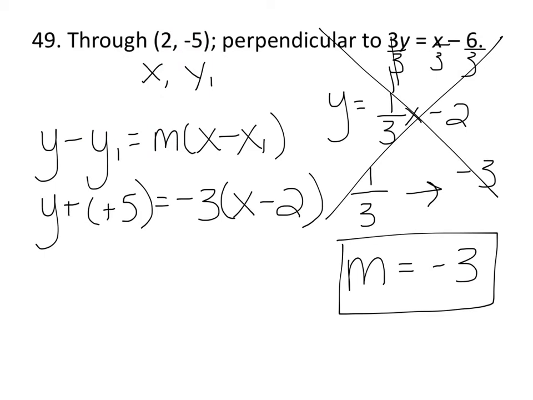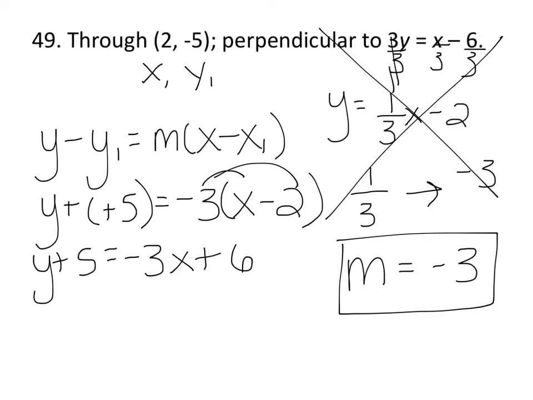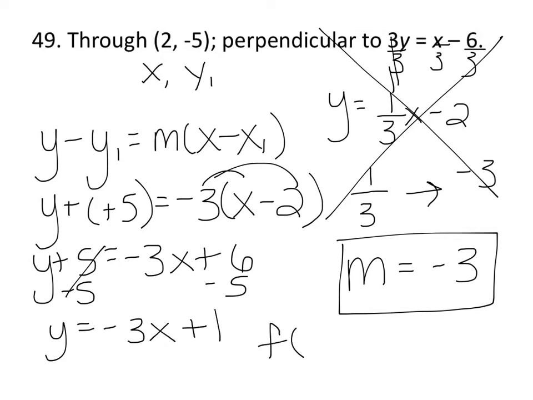So add a line, change the sign, and distribute your -3. You get y plus 5 is equal to -3x plus 6. It's a plus because it's -3 times -2. Then subtract 5 from both sides, giving you y equals -3x plus 1. And then you're just going to change y to f of x.